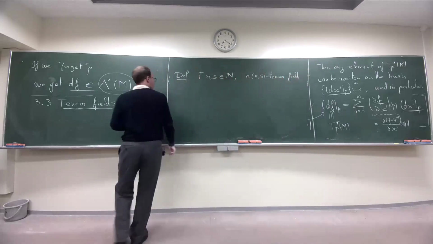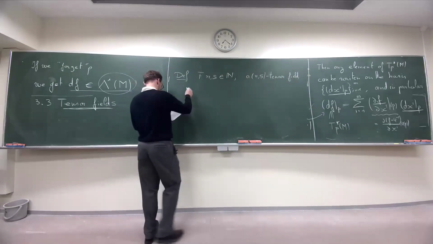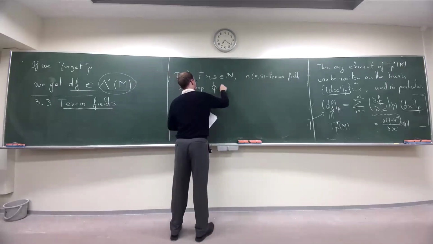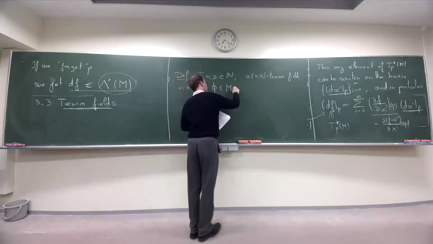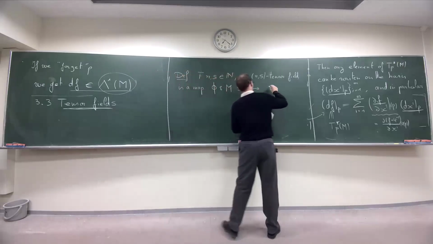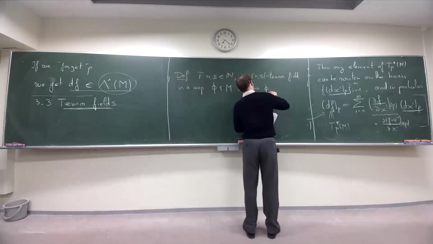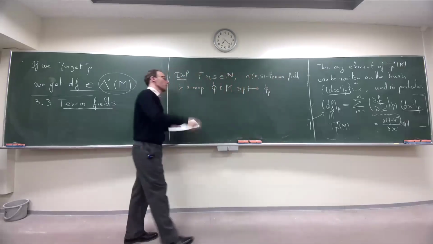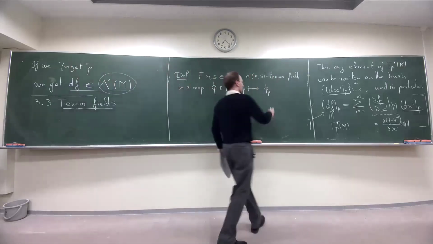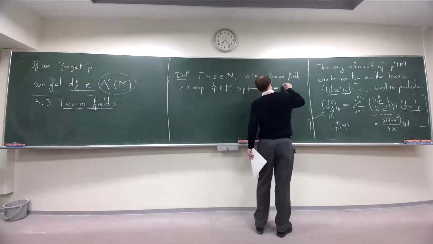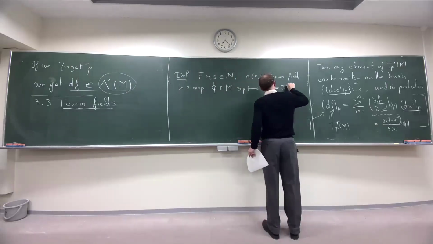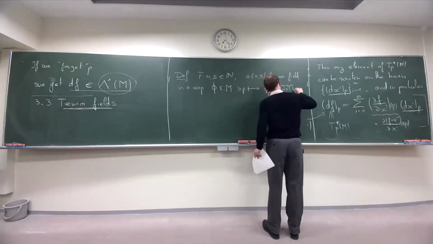A tensor field of type (r,s) is a map phi from the manifold: take a P, it goes to phi evaluated at P. I use both phi evaluated at P like this or with parentheses. Now, for every P, this is a tensor. So it's an element of tau^r_s of T_P M.